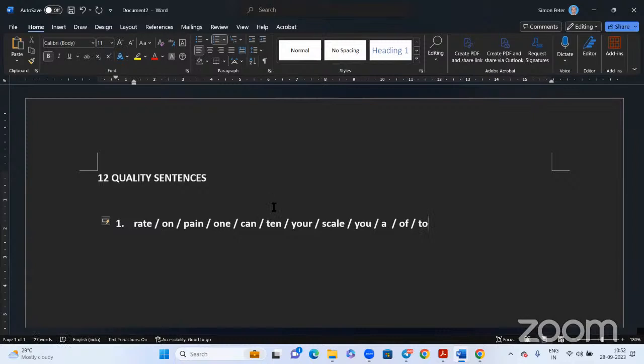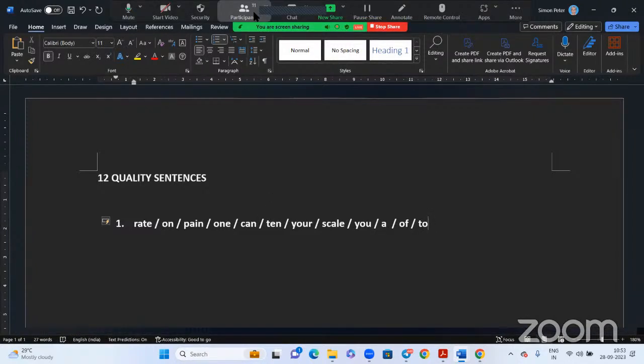Can you make this into one sentence? Can you make it a sentence, please?